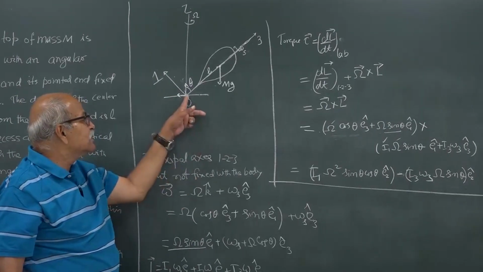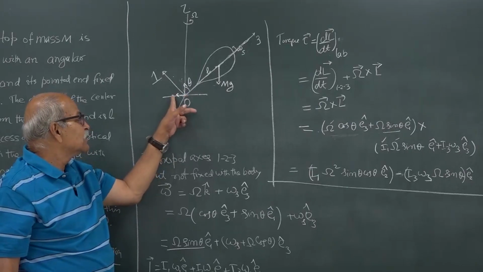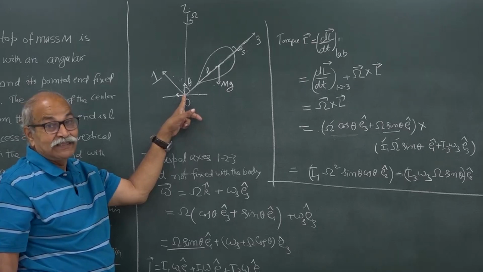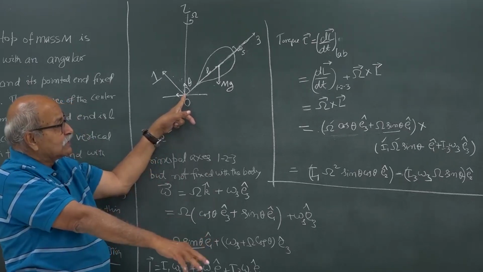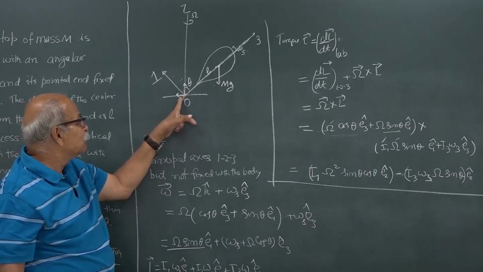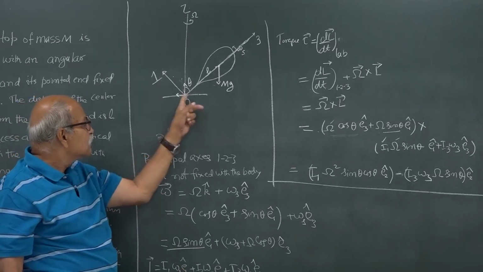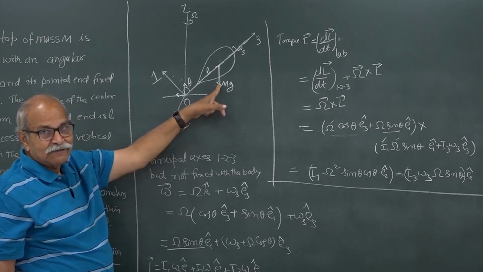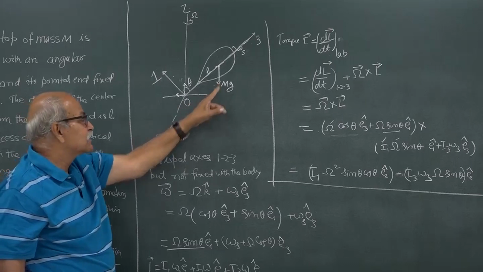But then our origin is here. So this friction or this normal force will not have a torque about the origin. Remember, everything is about the origin, angular momentum about the origin, torque about the origin. So these forces from the ground do not produce any torque, the torque is produced from this mg only.